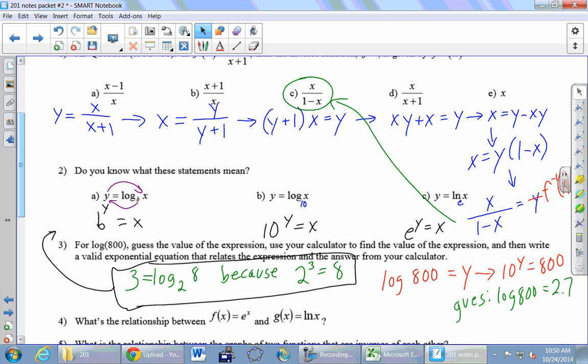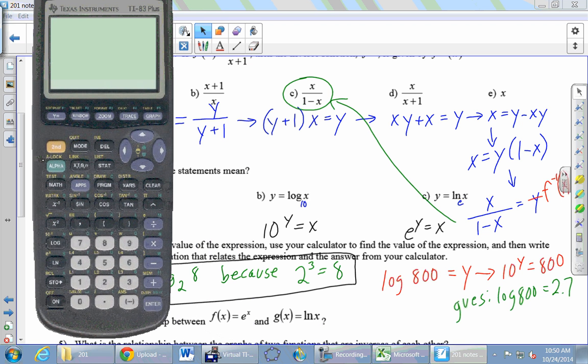And now let's make sure that we can type it on the calculator. So you just hit the log button wherever it is, and then 800 and equals 2.9, as we expected. Okay? Between 2 and 3, closer to 3.